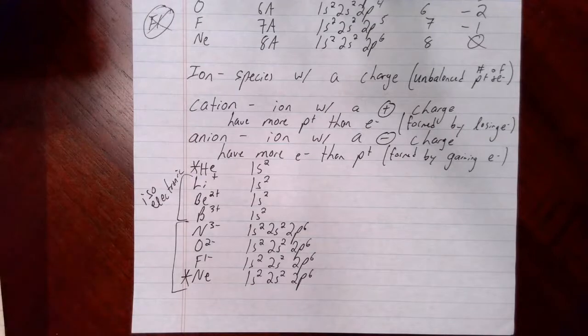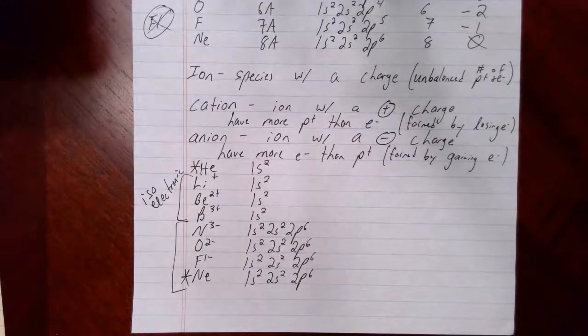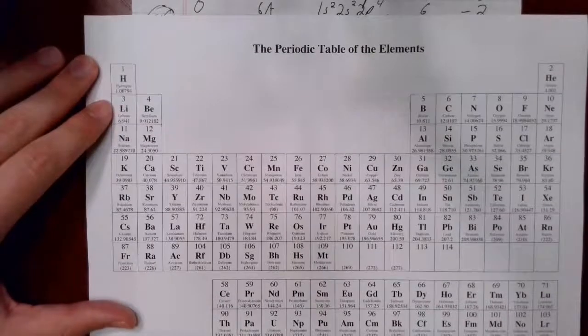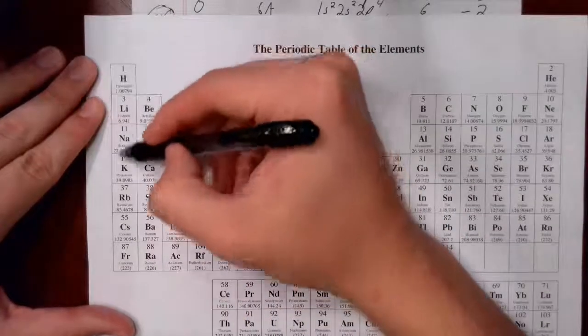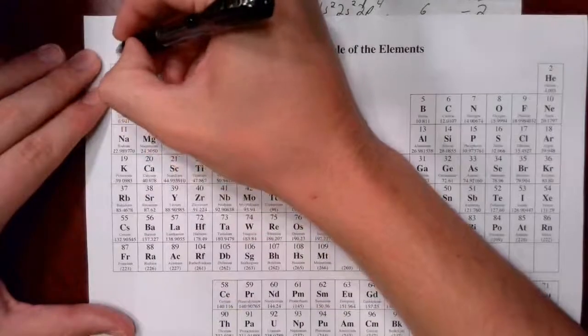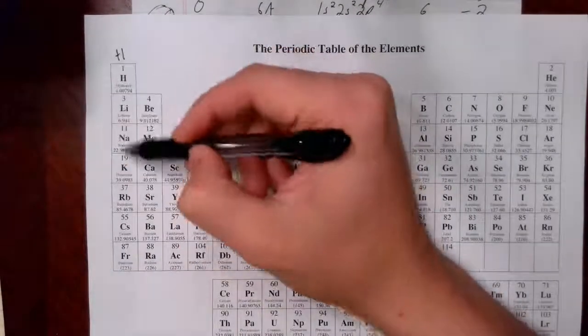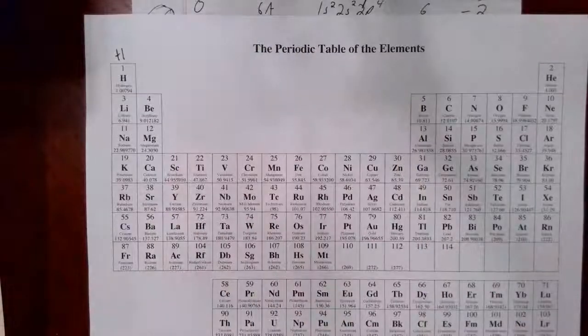So now let's look at the periodic table and think, well, what can I do with this information now? That was a lot of work to figure out the charge of oxygen. I don't want to do that every time I go to the periodic table. So if we look at the periodic table, let's look at 1A, where lithium falls. It turns out the whole 1A column behaves the same. This doesn't mean that the 1A column always has a +1 charge.